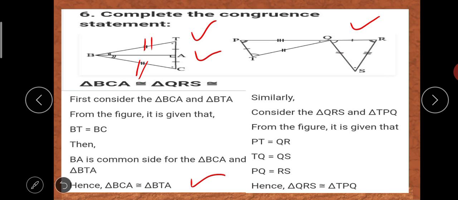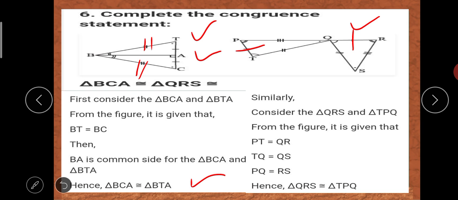Now see in this figure, here triangle QRS and TPQ. Here we find that PT is equal to QR. Then TQ is equal to QS.